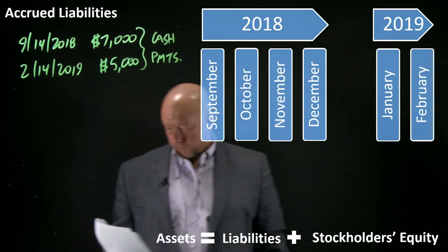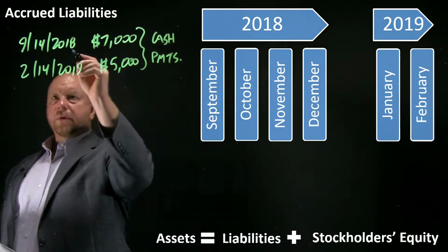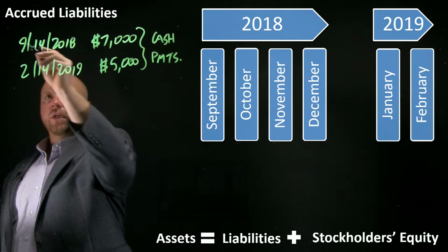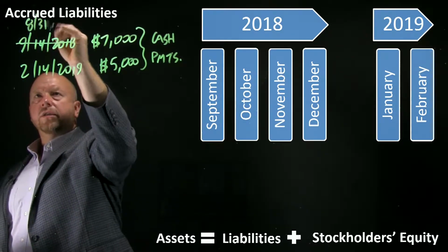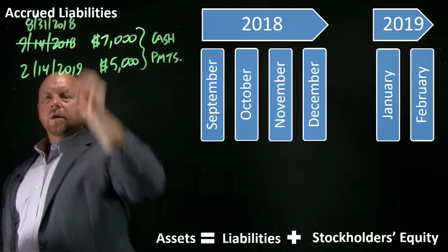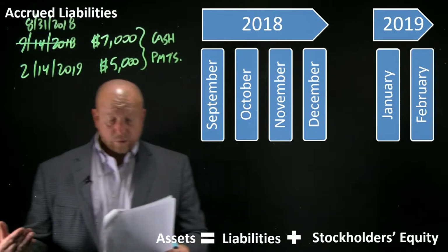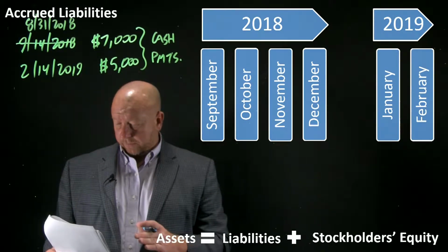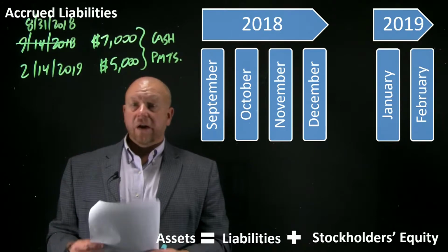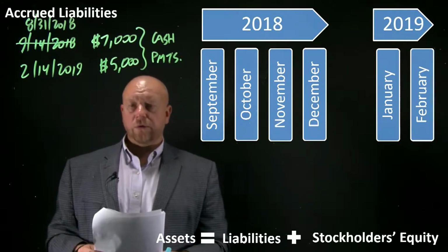Okay, so let's assume that the company, this bill that was due on September 14, they actually pay it August 31. No need to wait till the very last minute. So August 31, they pay this bill of $7,000, and that's covering the period from February 2018 through August 2018.